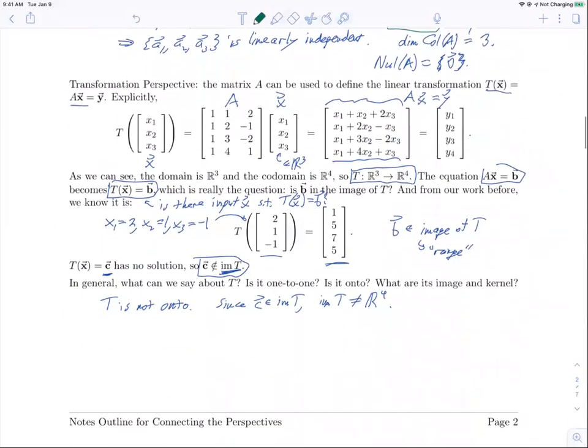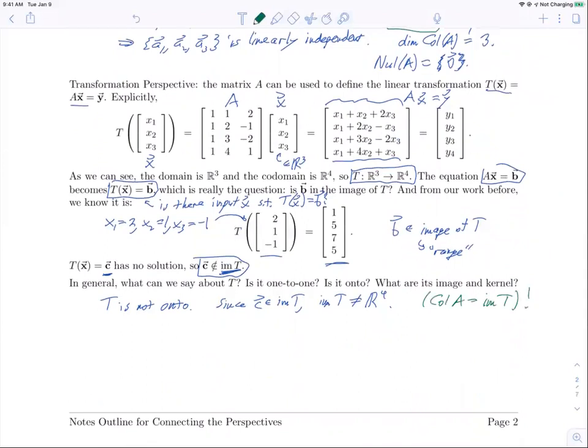So the column space of A really is the image of T. Okay, so those are the same thing, and that's why we're getting the same answer, that the image is not all of R4.